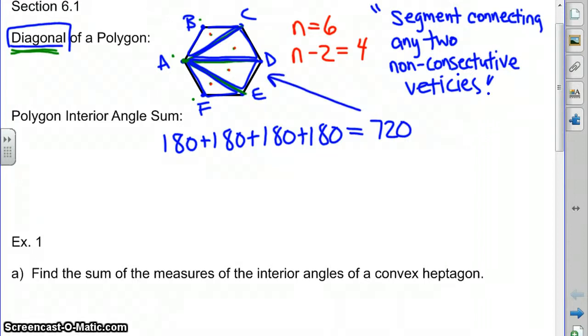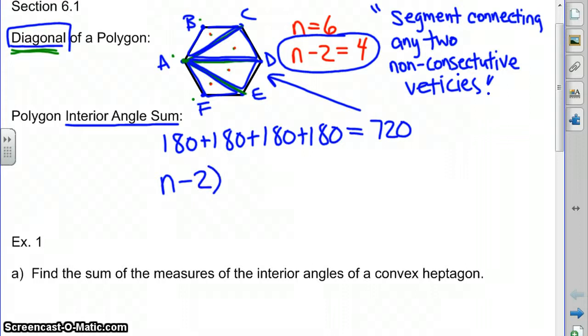Now remember, we said that the number of sides minus 2 will give me the number of triangles. So I can come up with an interior angle sum theorem that says I can find the total of the interior angles of any polygon if I take the number of sides, subtract 2, and multiply by 180 degrees.